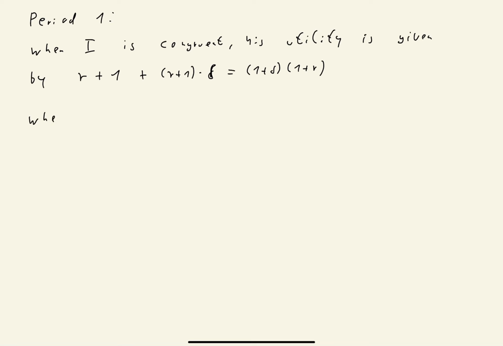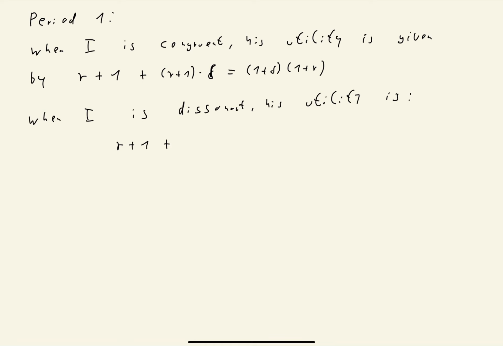When I is dissonant, his utility is given by the following. So if he's dissonant, he chooses policy B in the first period, so he gets R plus 1.